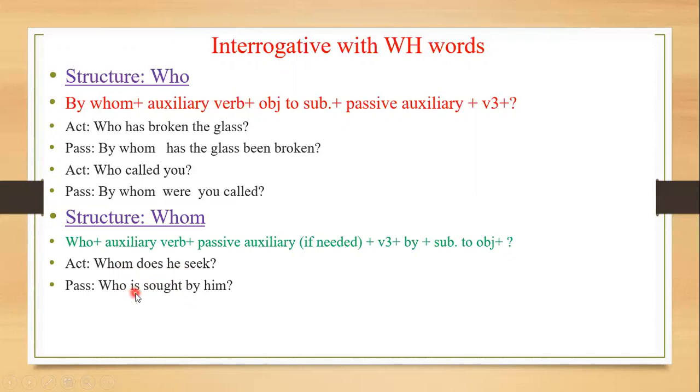That's why is has been taken. Who is seen: see is its present form, its past participle form is seen, and then by has been taken as the preposition, and he has been transformed into the objective form him. Then question mark. So the sentence is ready. Passive sentence: Who is seen by him?